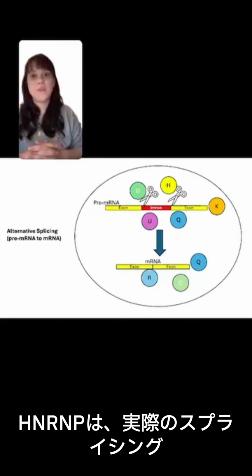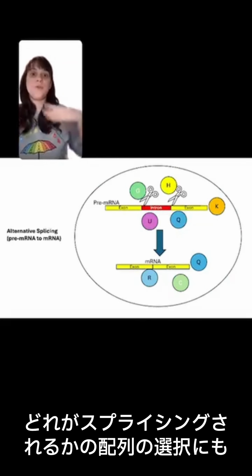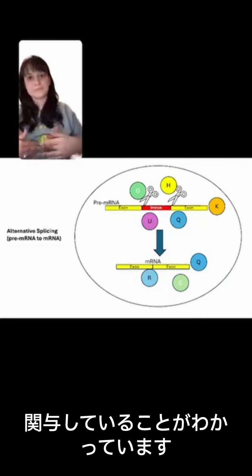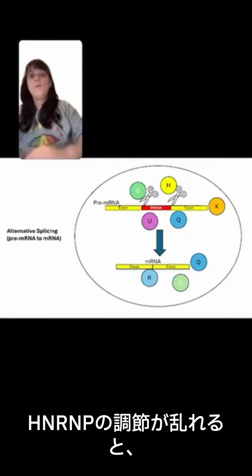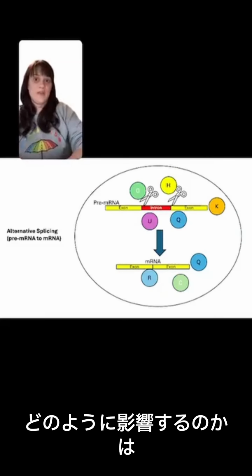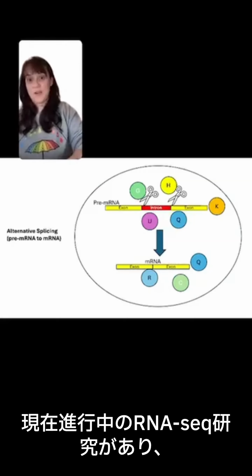And we know that HNRNPs are involved in both the actual process of splicing, but also choosing what gets spliced in or out. When we have dysregulation of HNRNPs, we're still not sure yet how that's going to affect the whole splicing scene in the cell, but we're working on that.